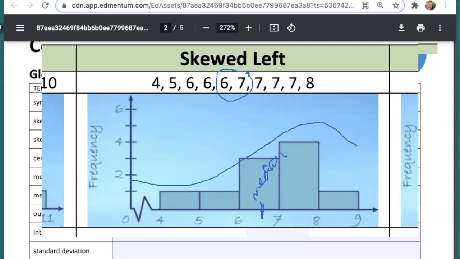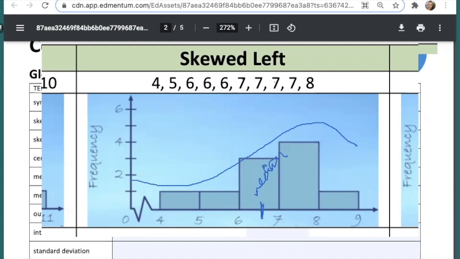Median right there, 6.5. And then if I were to add up all these numbers and divide by 10, so 4 plus 5 plus 18 for the 6s, plus 28 for the 7s, plus 8 is 63, divided by 10 is 6.3.